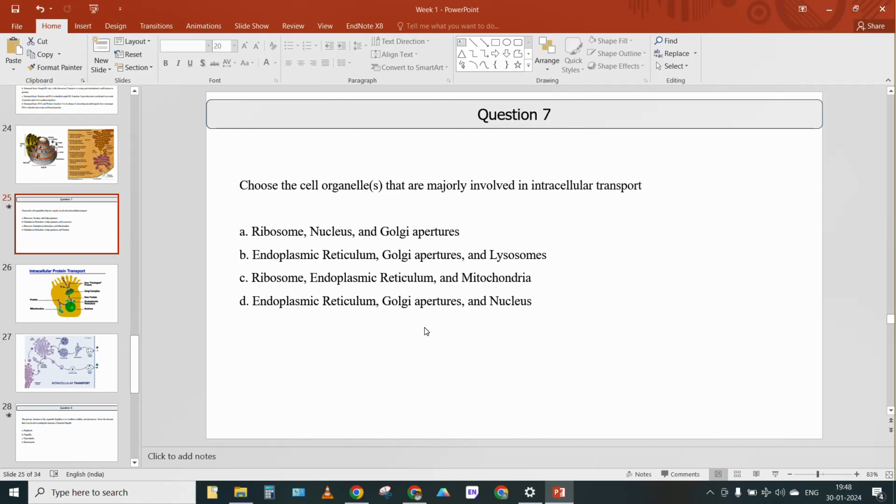Wherever there is protein deficiency, they undergo autophagy and release the protein. Along with that, for transport between the endoplasmic reticulum and Golgi apparatus, there are two vesicles, COPI and COPII. Exactly. COPII is from the endoplasmic reticulum to the Golgi apparatus, and COPI is from the Golgi apparatus to the endoplasmic reticulum. Okay, Siddharth, option B is correct, which is endoplasmic reticulum, Golgi apparatus, and lysosomes.